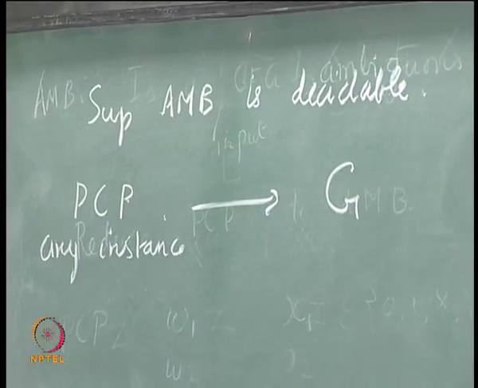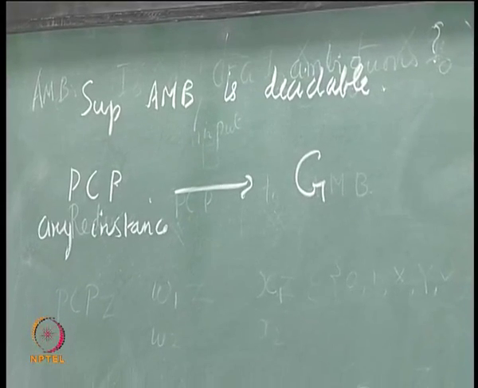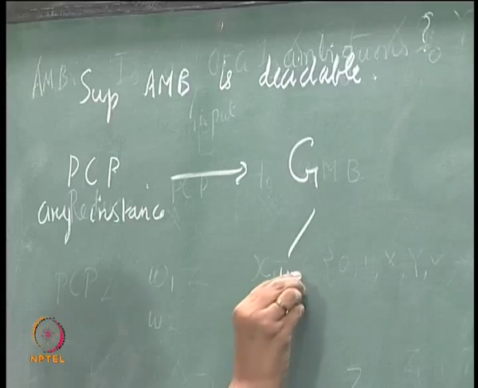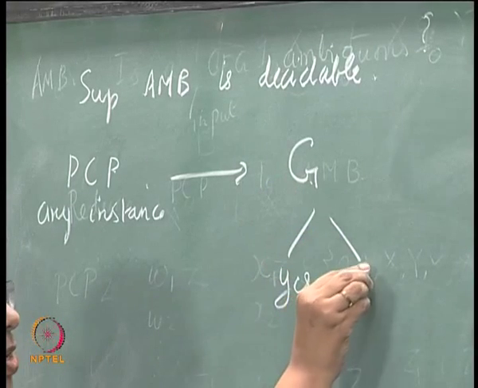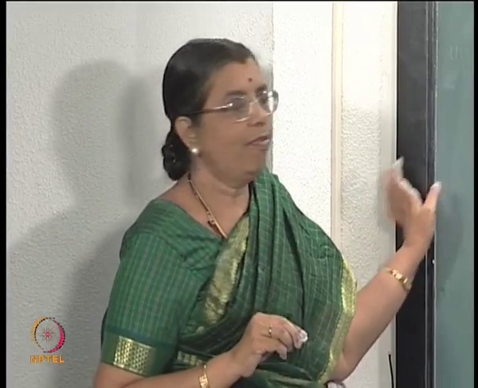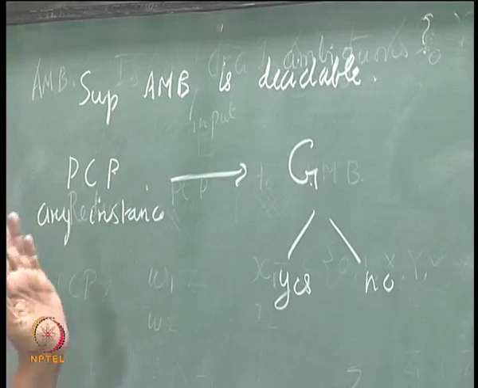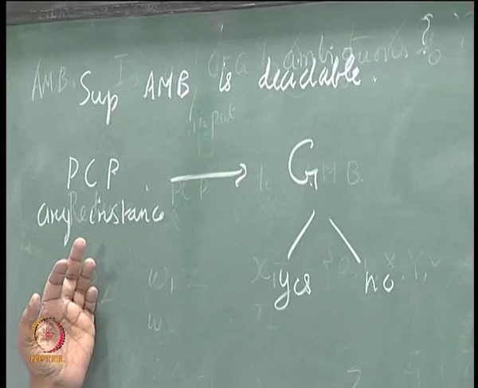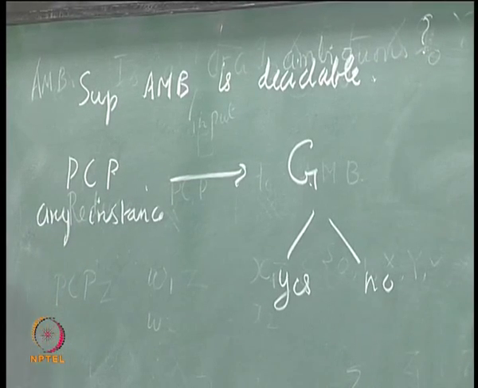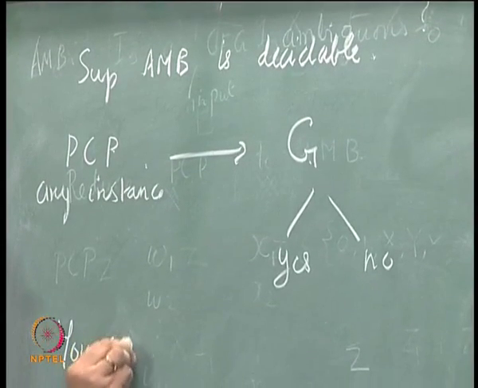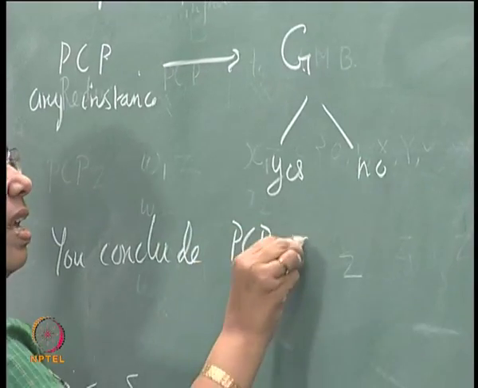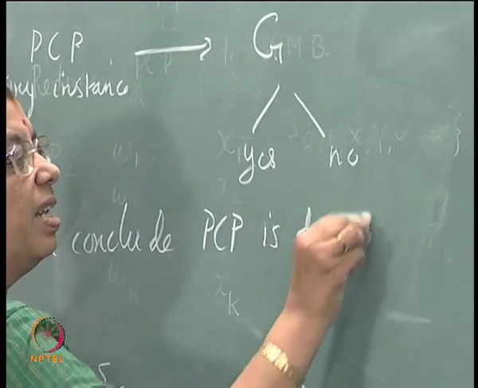Then ask, is G ambiguous? If it is decidable, it should say yes or no. If it is yes, PCP has a solution. If it is no, PCP does not have a solution. That means PCP is decidable. You conclude PCP is decidable.